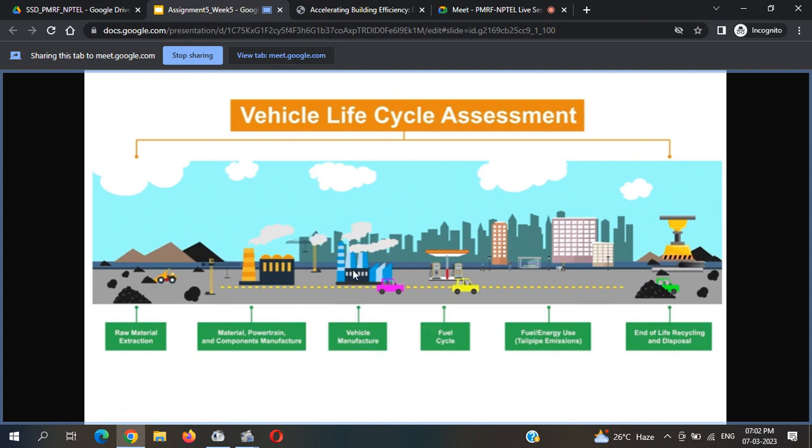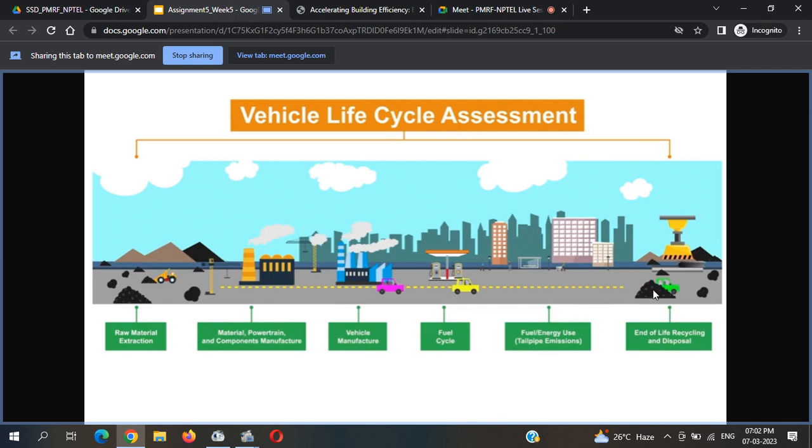Then these components are taken to manufacture the vehicle. The vehicle is manufactured, and then the fuel cycle related to the vehicle starts. So the vehicle consumes a lot of fuel, and then the fuel is converted into energy for the vehicle, and then a lot of emissions are released into the atmosphere due to the use of the fuel. And then fuel energy use or tailpipe emissions. So this is the same cycle.